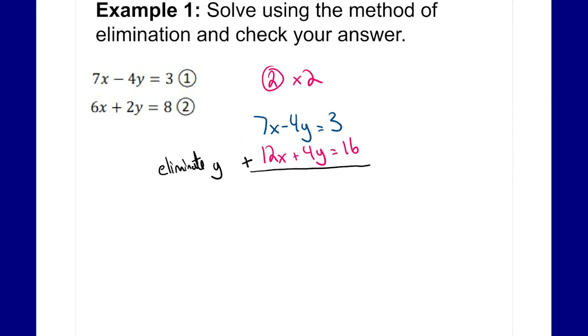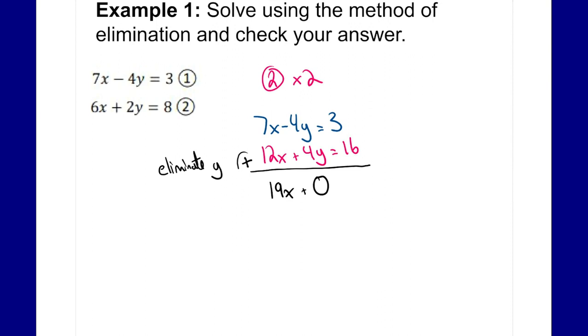And when we add the equations together, what we can do now is collect like terms. It's helpful to have our equations lined up like this so that we can see what we're focusing on. So 7x plus 12x becomes 19x. Negative 4y plus positive 4y becomes 0.